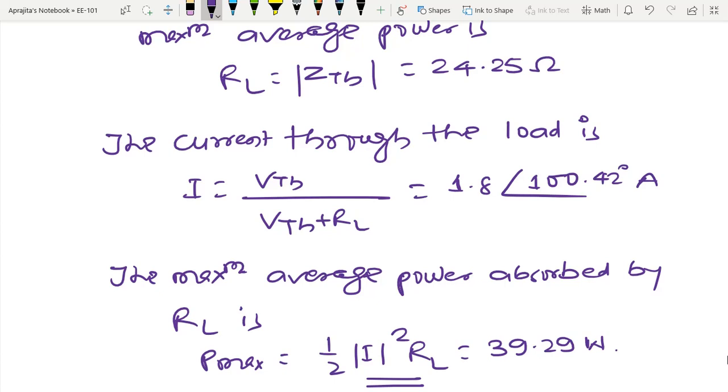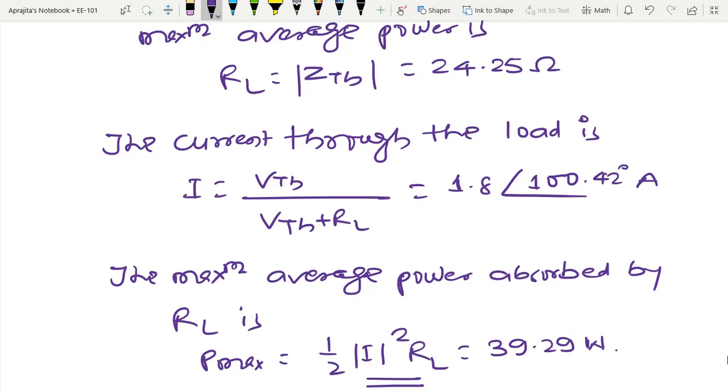We found that one can extend the maximum power transfer theorem of a resistive network to the AC circuit in the same way, and the same methodology we are going to follow, but here I have a slightly different result.